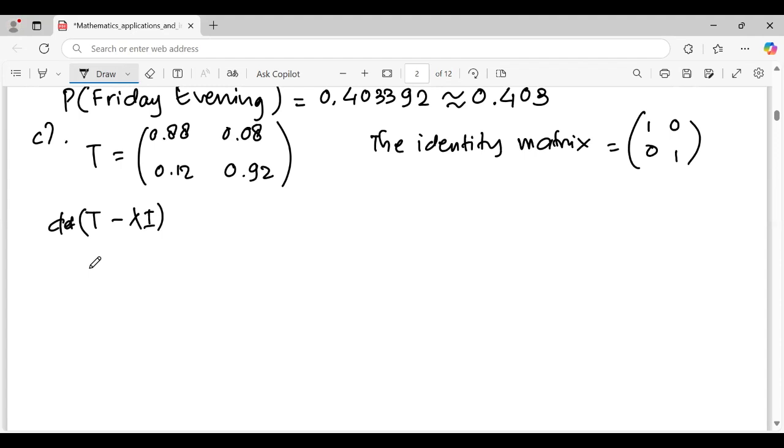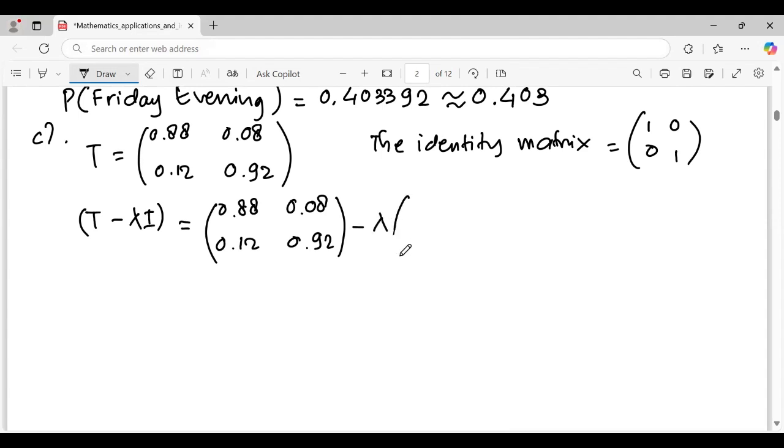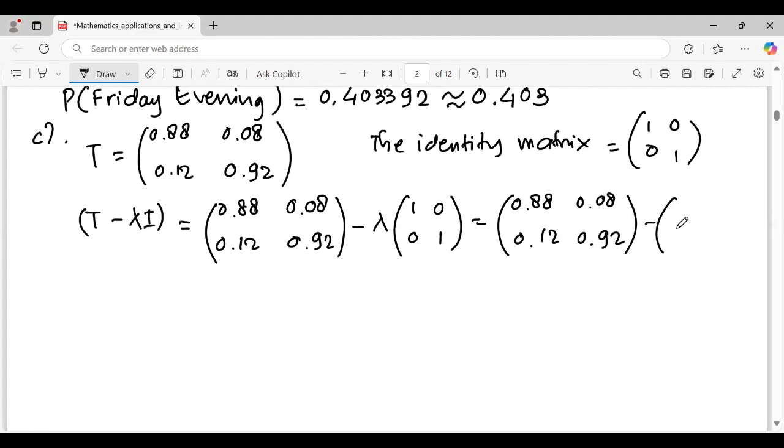First, I'm going to write T minus lambda times I. T is this matrix [0.88, 0.12; 0.08, 0.92] minus lambda times [1, 0; 0, 1].